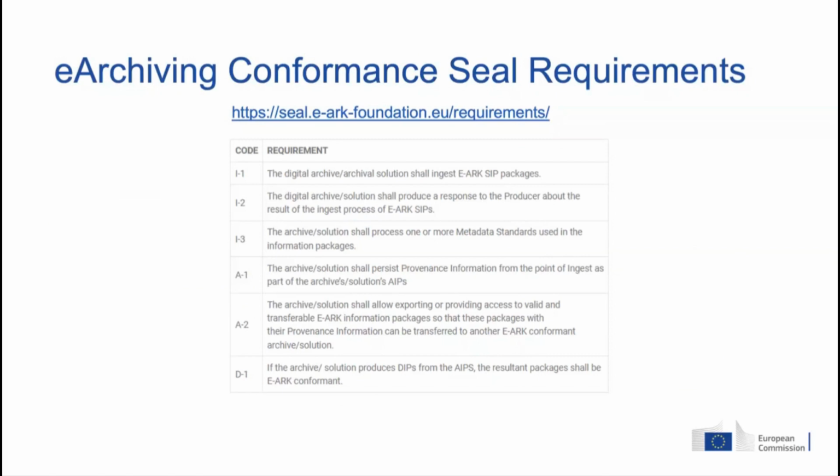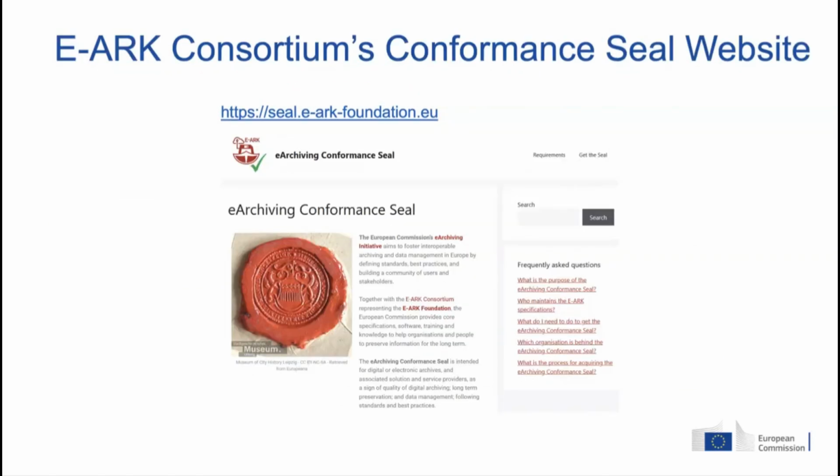And you find the information on the EC's website. So there's on the eArchiving website of the European Commission, you find information. This basically reflects the same in a bit shorter form on the European Commission's website, linking to a page where we host requirements. Also, there is a bit of answering possible questions that you might have on the process.